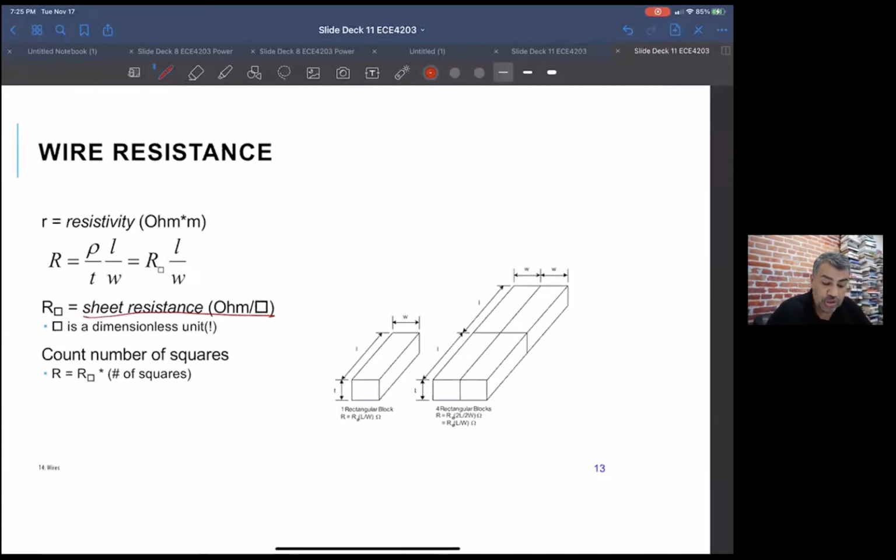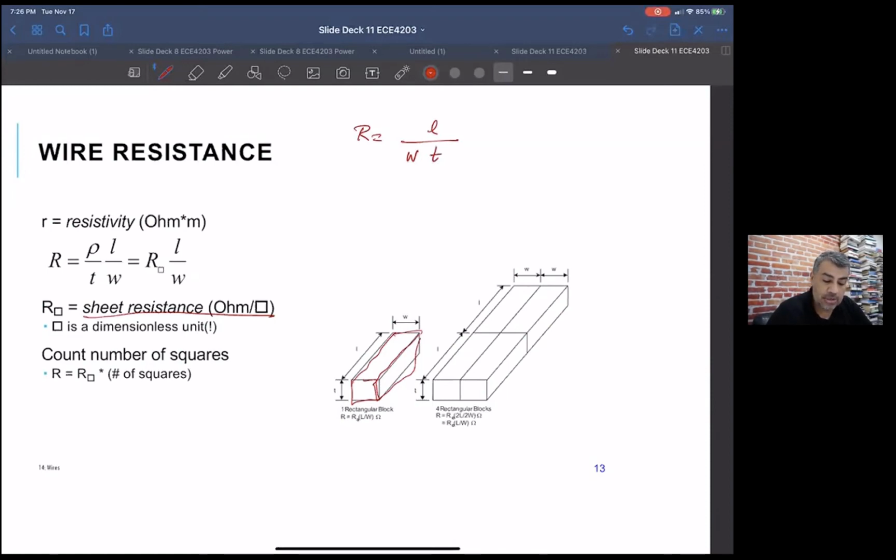So if you were just worrying about the resistance of a line, let's say take this wire here, the longer the wire is, the more the resistance. The wider it is, the less the resistance. The thicker it is, the less the resistance.